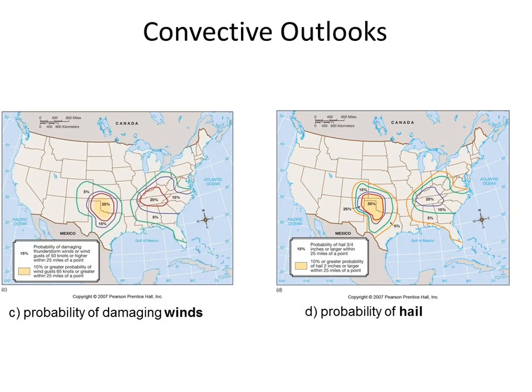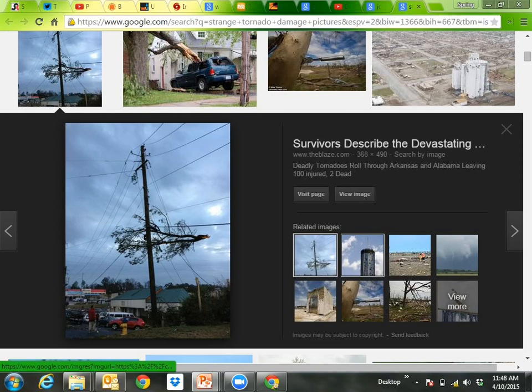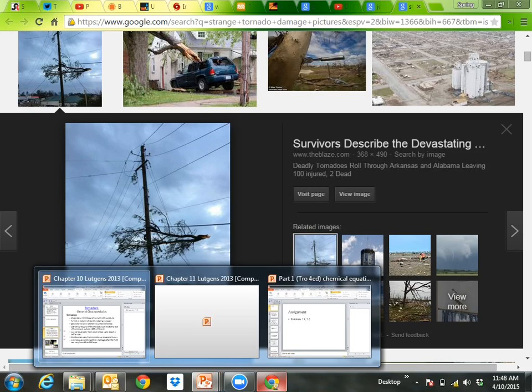This semester I've been doing a little bit more with, not AccuWeather, what's the other one? Weather Underground, yeah, exactly.